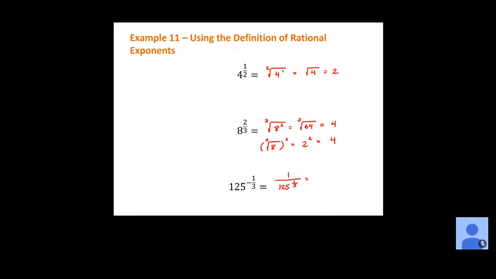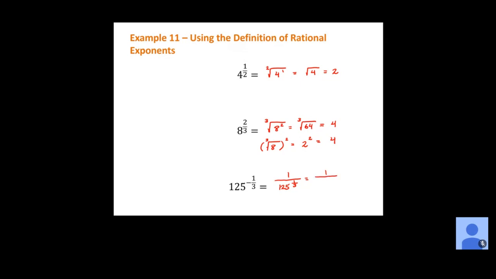So always get rid of that negative first. Now we've got 125 to the 1/3 in the denominator. How can we rewrite that? That becomes the cube root of 125.